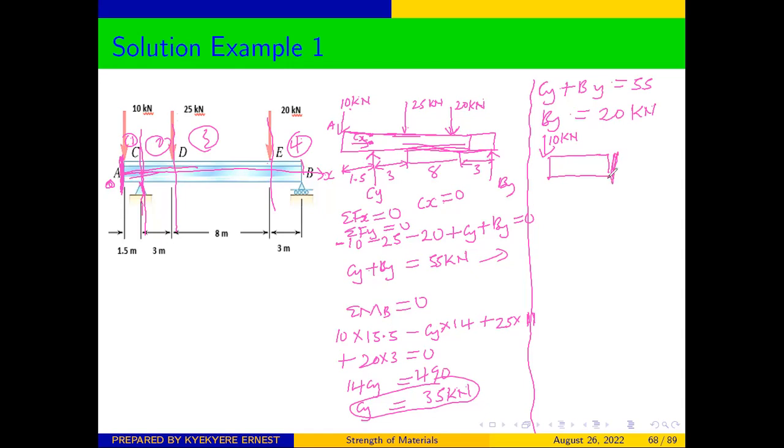Indicate the shear force to be in the positive direction. So we can call this V1. And the moment is also in the positive direction always. Make sure you do that. So from here we can say that V1 is pointing downwards. Therefore, negative V1 minus 10, the 10 is also pointing downwards, is equal to 0. So from there we can say that V1 will be equal to negative 10.